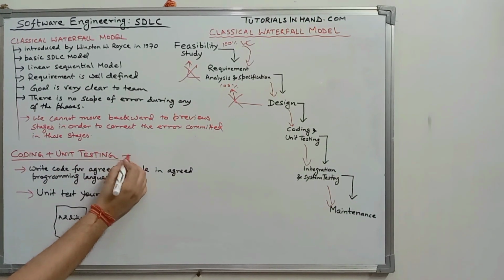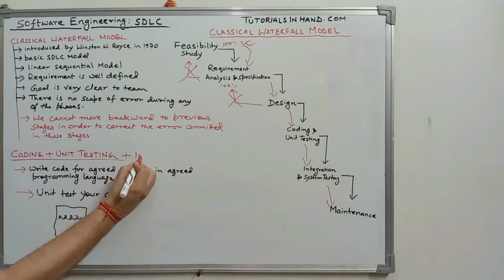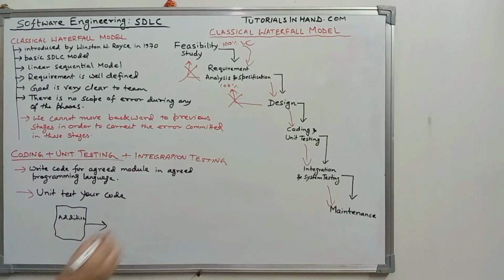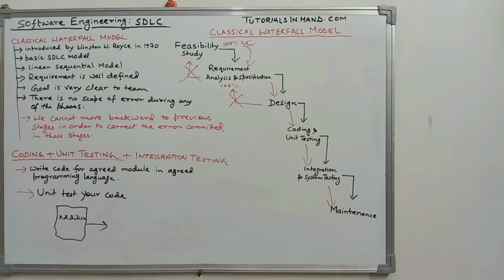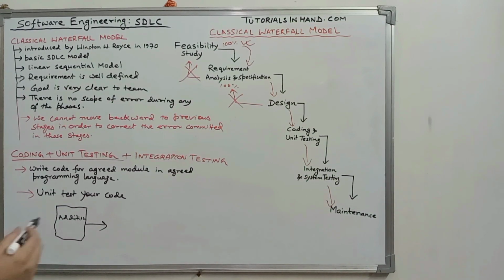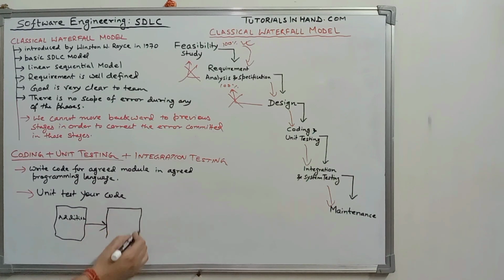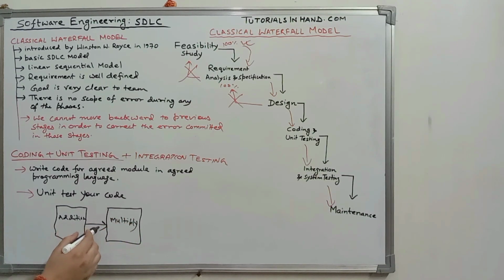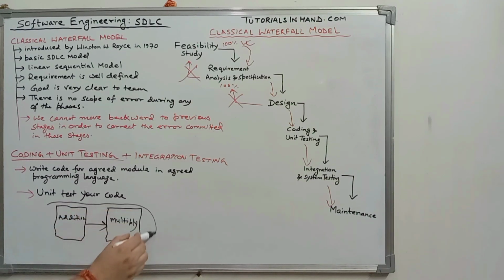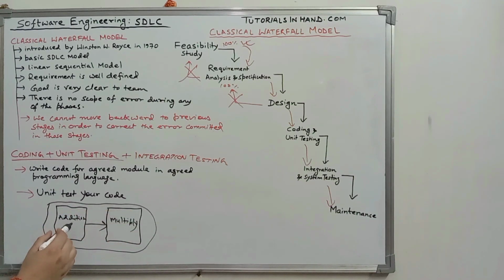During integration testing, this addition module will be integrated with other modules, like the multiplication module which someone else has developed. Both will be tested together to see whether they are working fine or not.